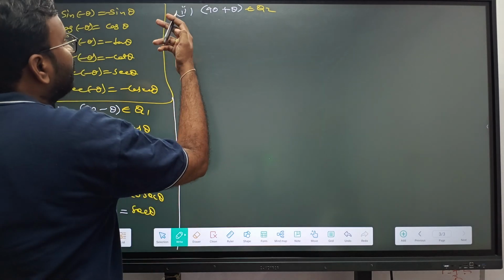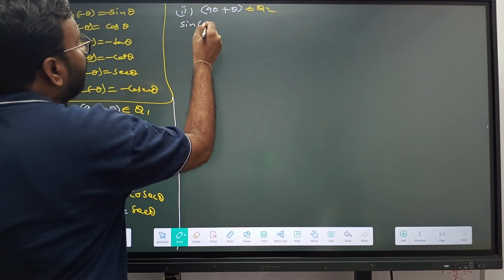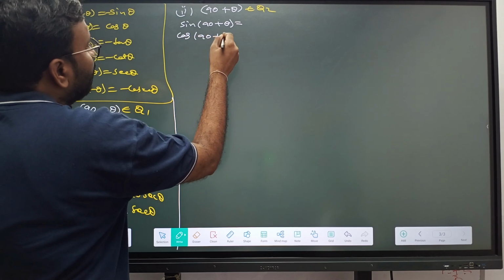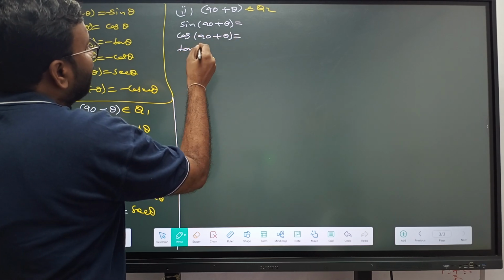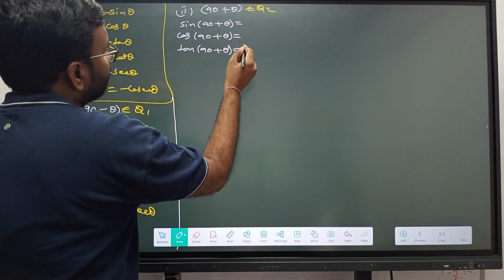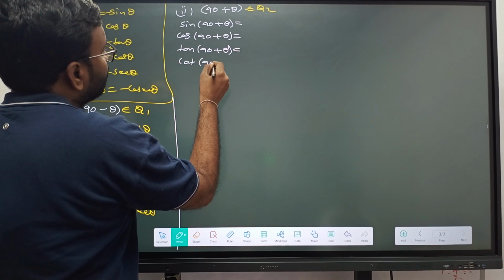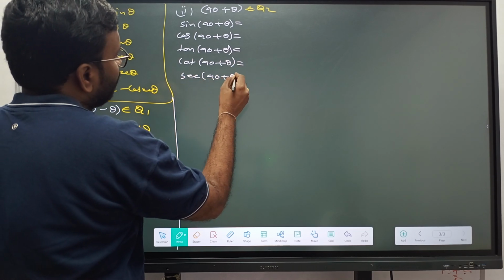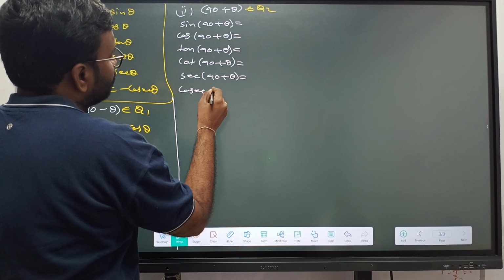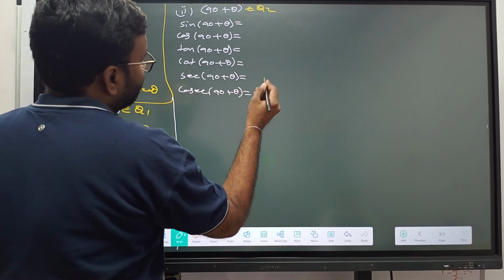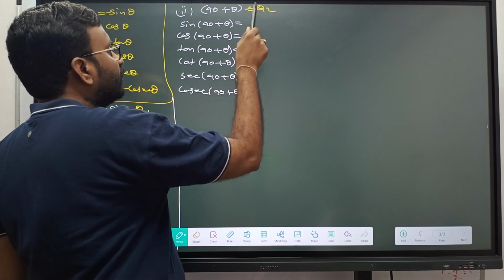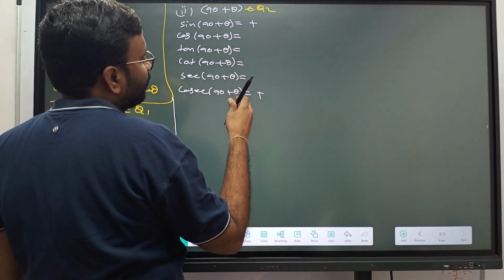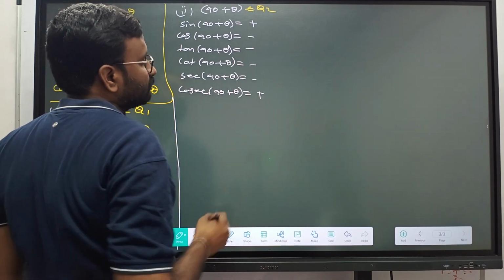Okay, first I will write sine 90 plus theta, cos 90 plus theta, tan 90 plus theta, cot 90 plus theta, secant 90 plus theta, cosecant 90 plus theta. You know, in quadrant 2, sine and cosecant positive. So plus, remaining all are negative.